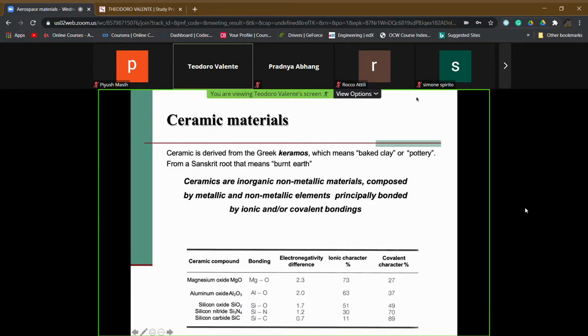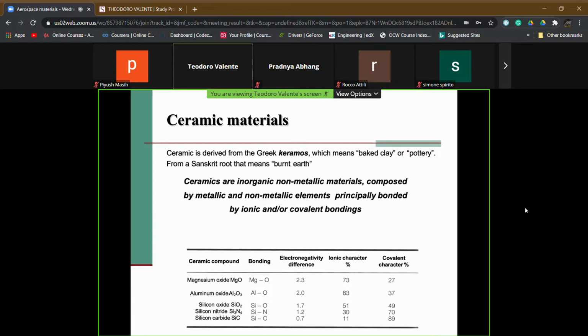So we can start with the topic that I want to discuss with you, which is related to the class we have mentioned many times of the ceramic materials.